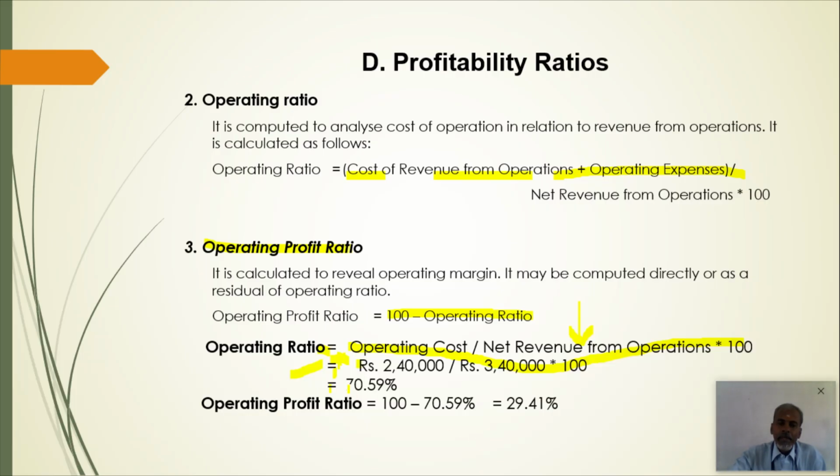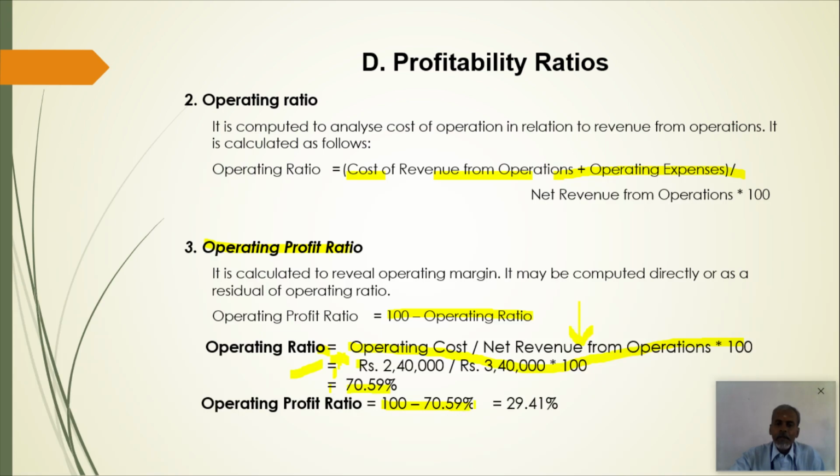So you get an operating ratio of 70.59%. From the operating ratio, you calculate the operating profit ratio.